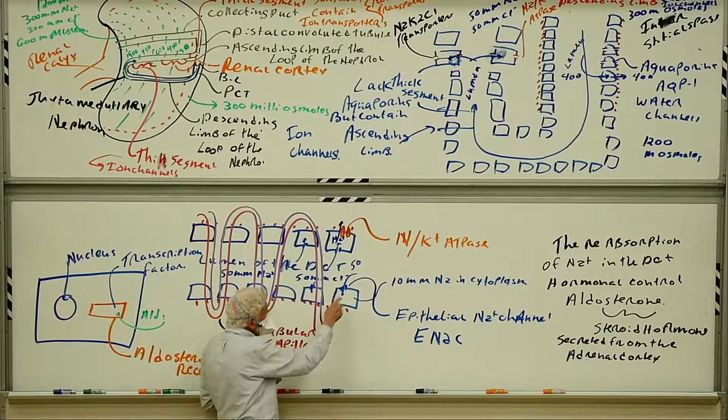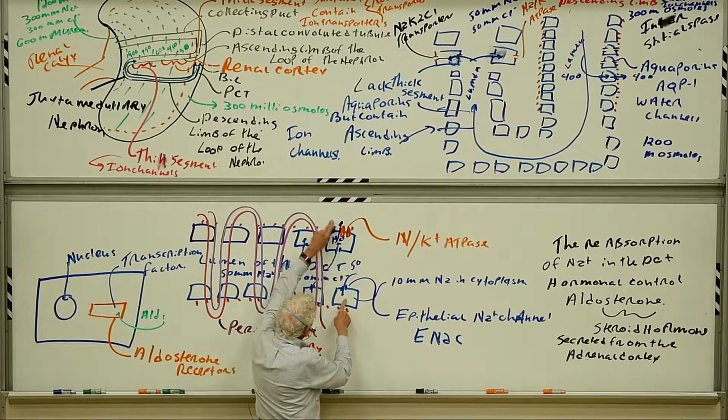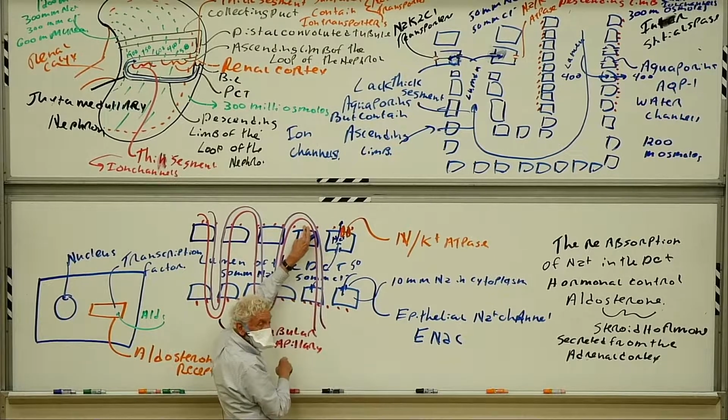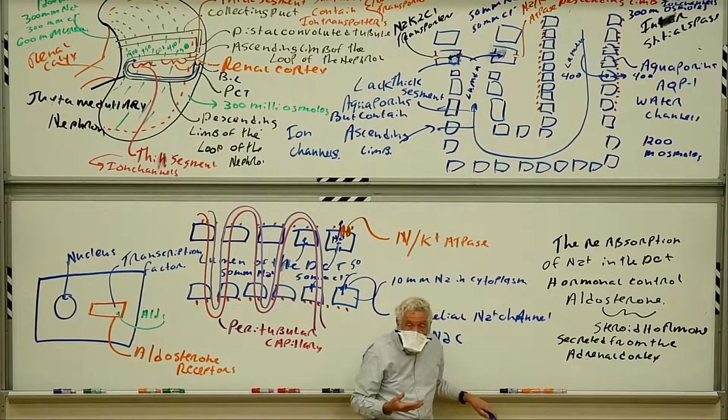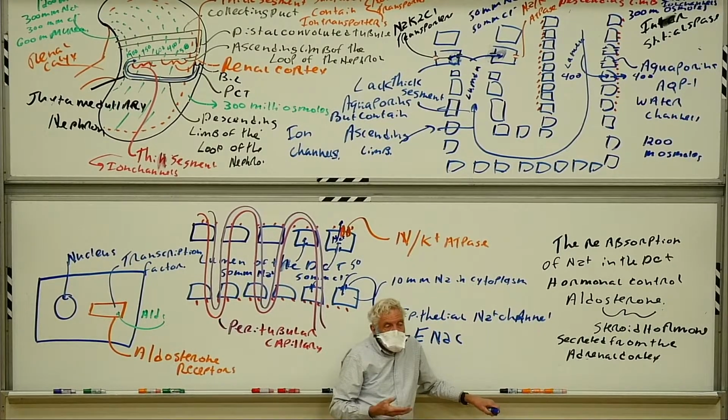We're going to bring the sodium into the cell, pump it out through the sodium-potassium ATPase, and put it back in the blood. Now, in our modern world, what this often leads to is hypertension. Not in everyone, but some people tend not to deal with salt as well as others.